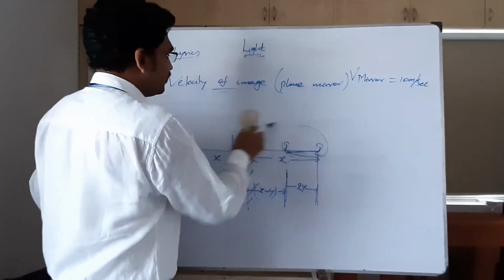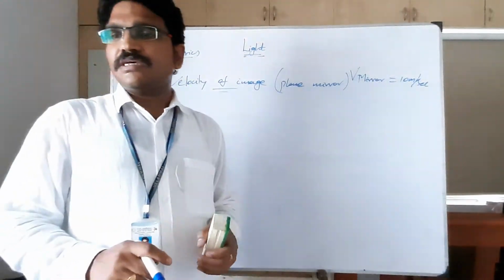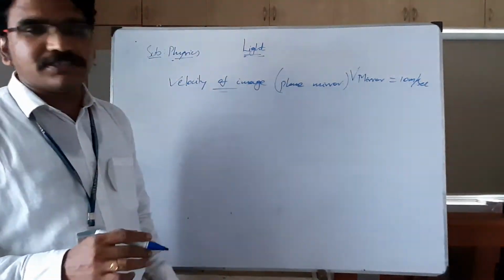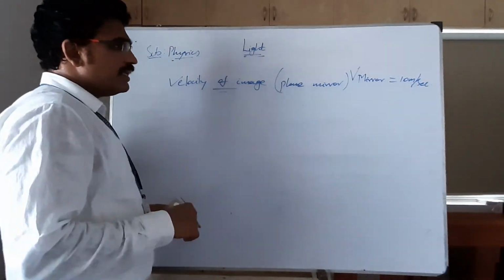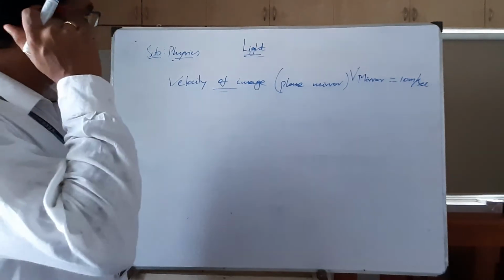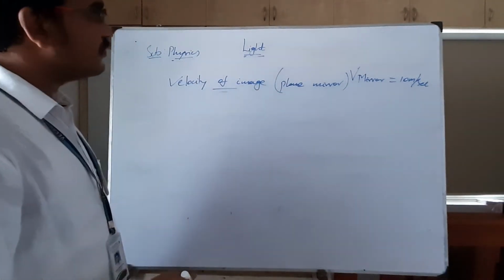Now we are going to discuss another one, that is the relation between the velocity of the object and the image. In other words, whenever we are calculating another case also we can discuss. When the object is moving and the mirror is also moving, in that case also we can calculate.